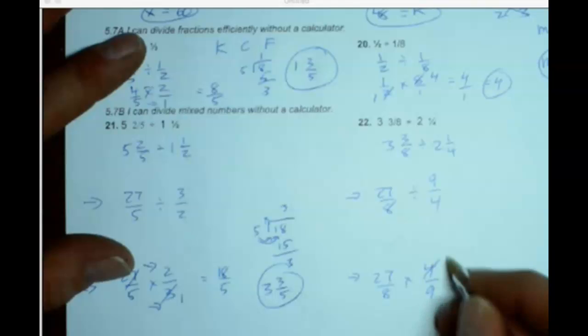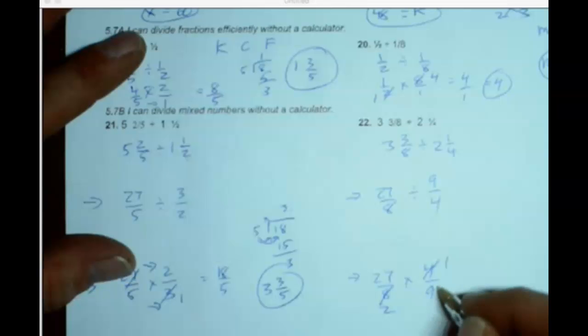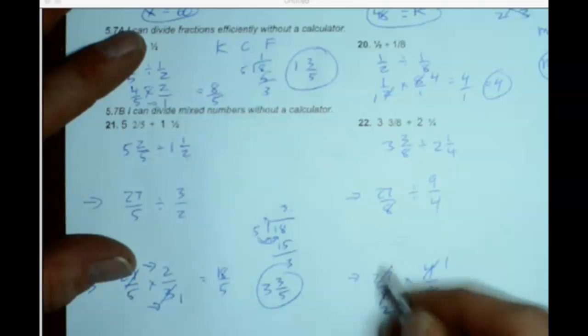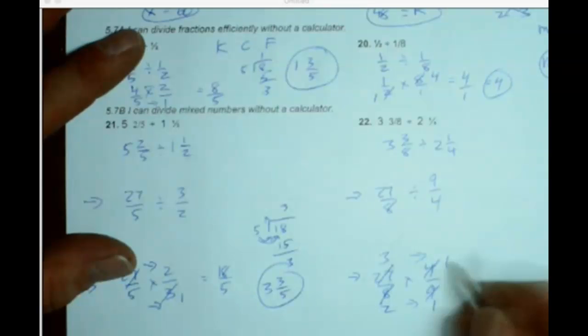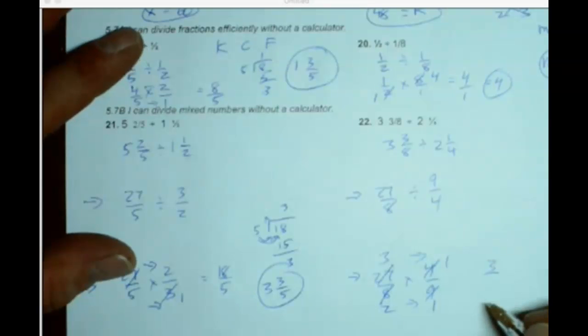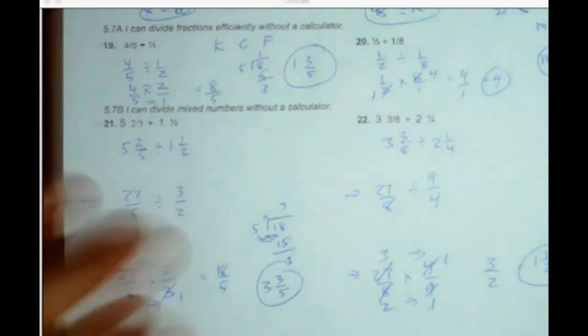We can divide by 4. Here there's 1 4, and here there's 2 4s. We can divide by 9. There's 1 9 here, and there's 3 9s there. So when I multiply this across, I got 3 times 1, which is 3. I got 2 times 1, which is 2. I've got 3/2, which is really the same as 1 and 1/2. All right. Slide that over so you can see it.